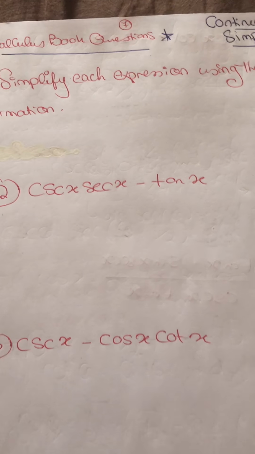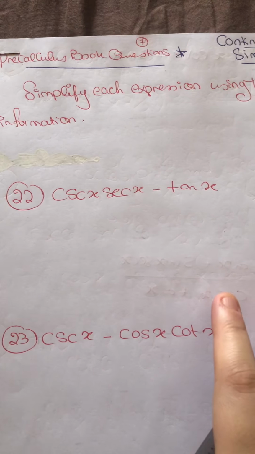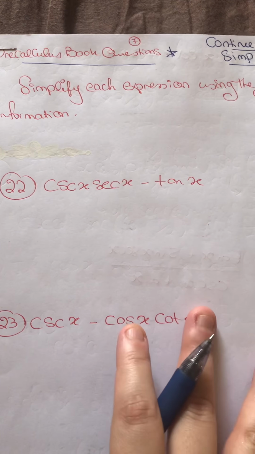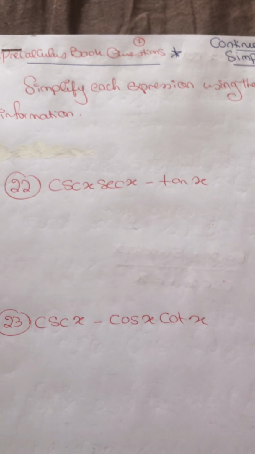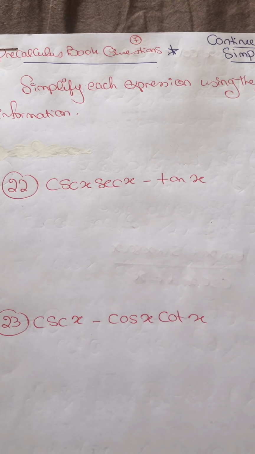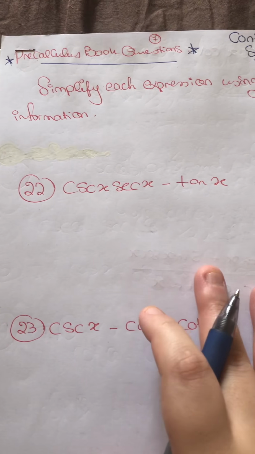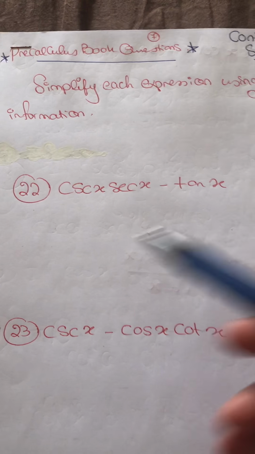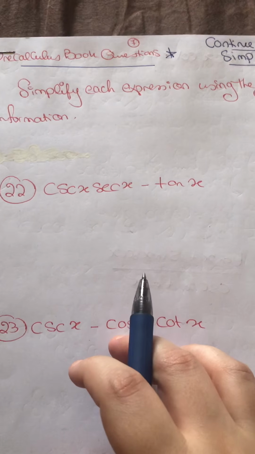Only your brain, no one else. As I said in the previous video, simplifying requires making it shorter, cutting it into smaller pieces, or changing into sine and cosine. I think this one would go to sine and cosine, because I have a lot of sines and cosines hidden over here.